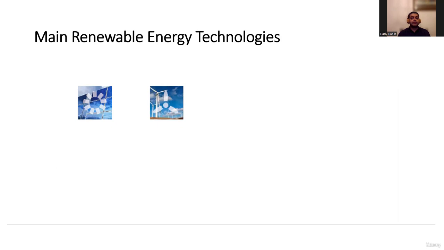Also, we have the wind resource. We can convert it to electricity through the wind turbines. We have the geothermal, which is the heat under the ground energy, and we can convert it to electricity through geothermal power plants.